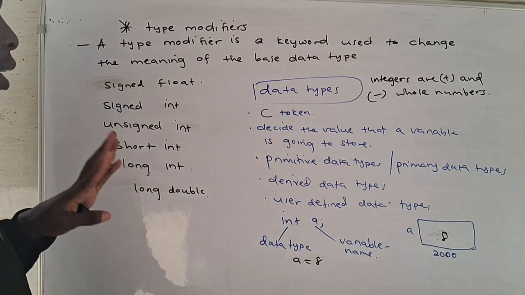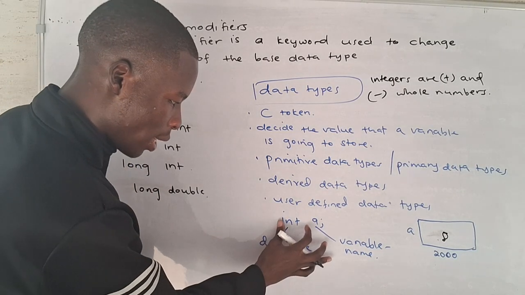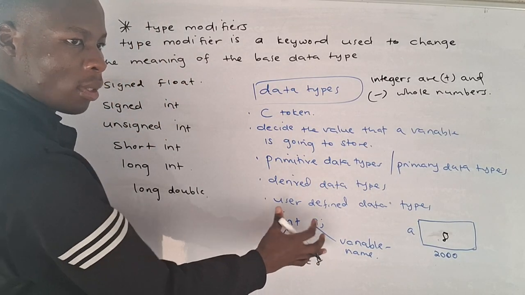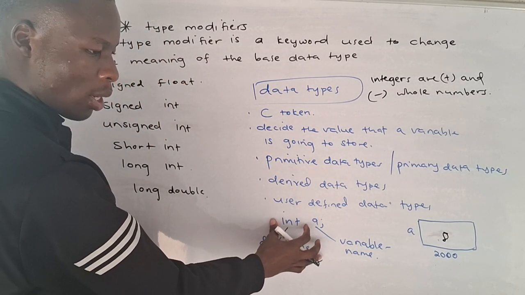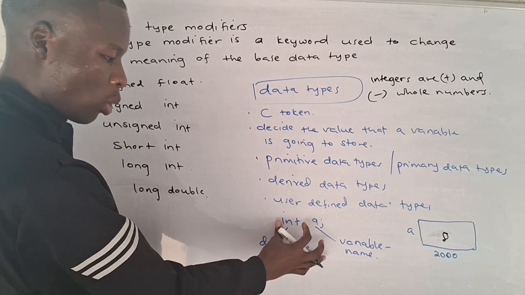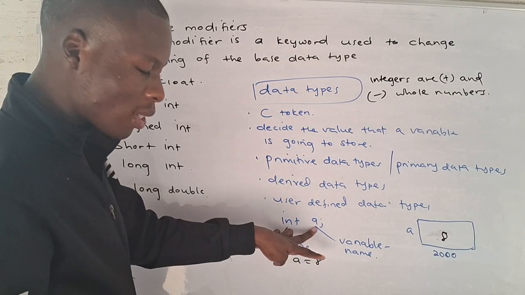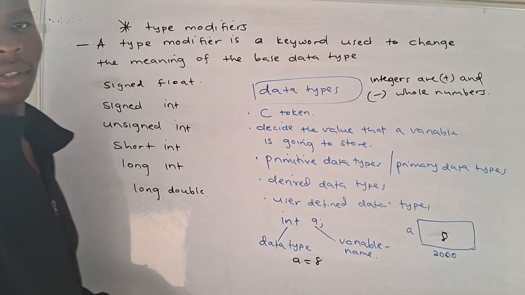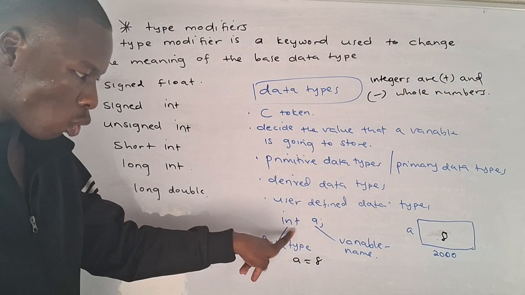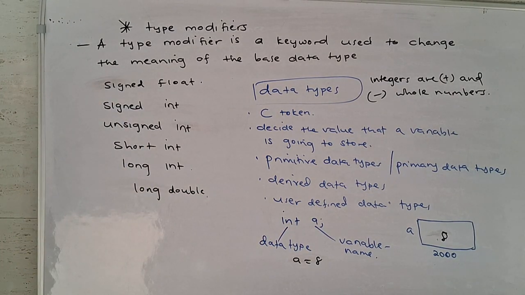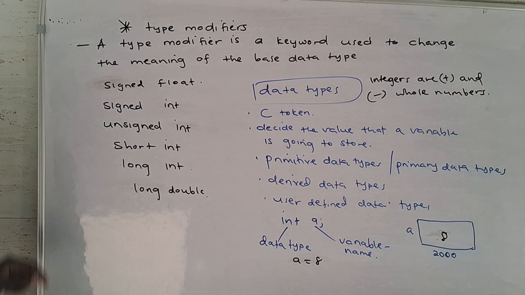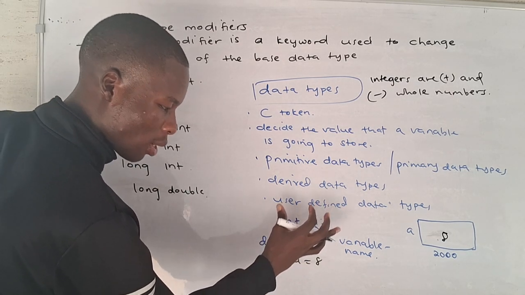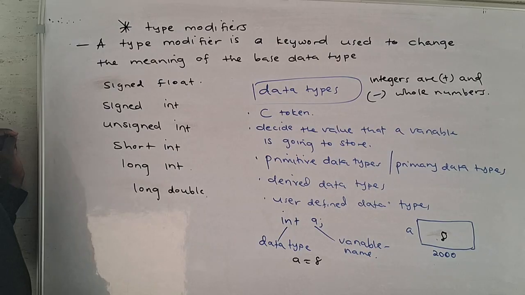But what we are trying to say is this: you can modify this base data type. This is the base data type, int. This is the keyword for integer. If you want this a to store only positive integers, what are you supposed to do? You are supposed to modify this base data type.